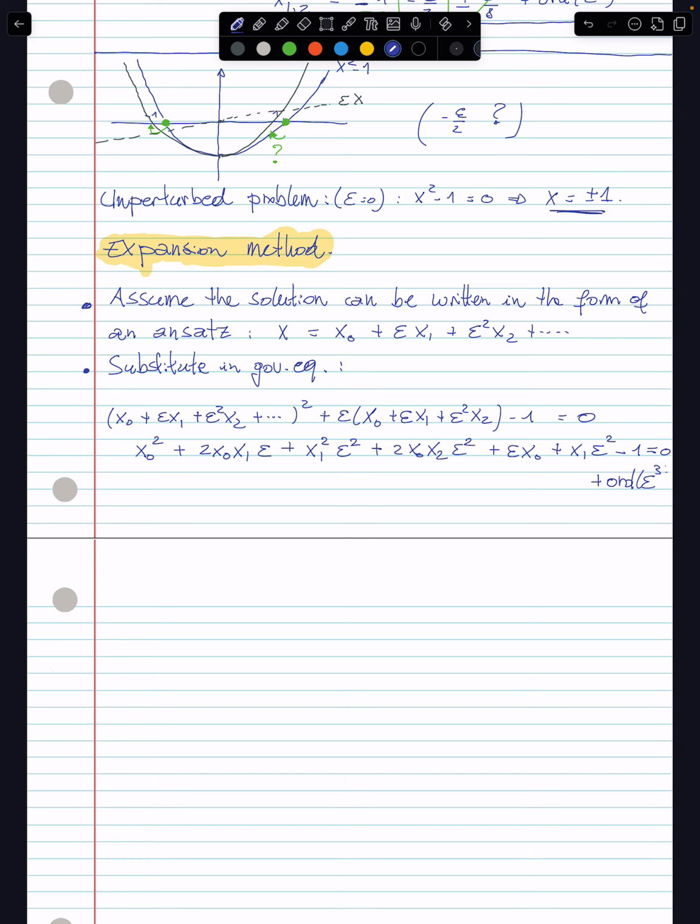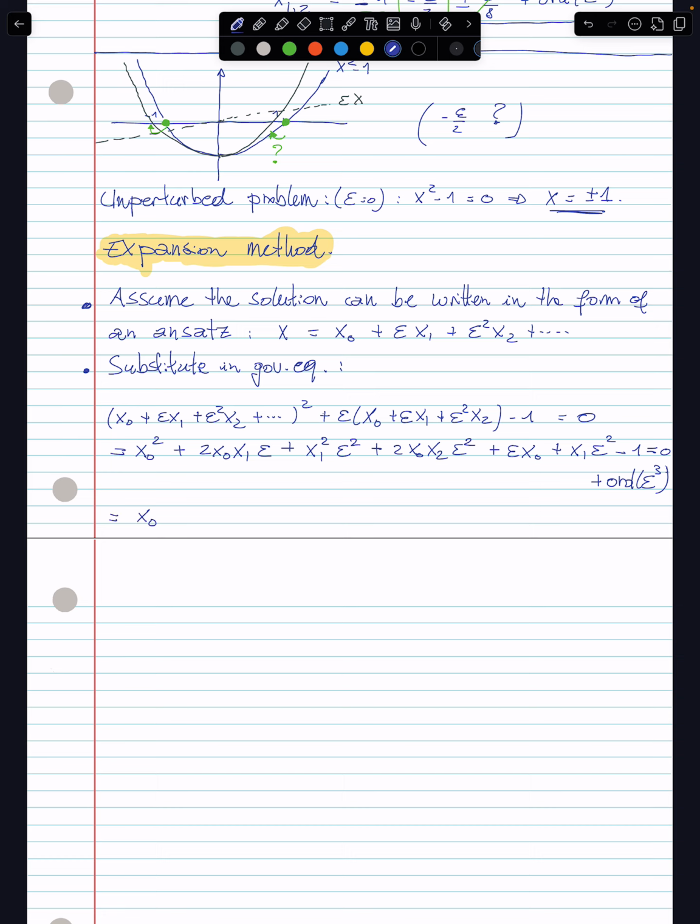I collect in this extra symbolic term everything that I've just discarded.